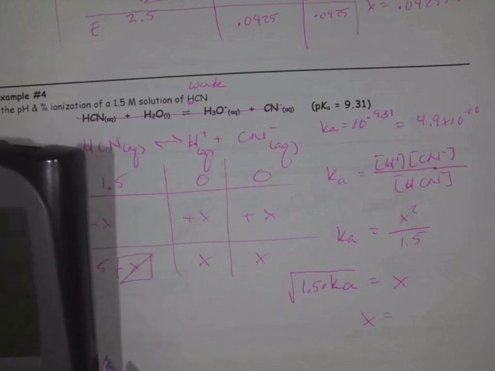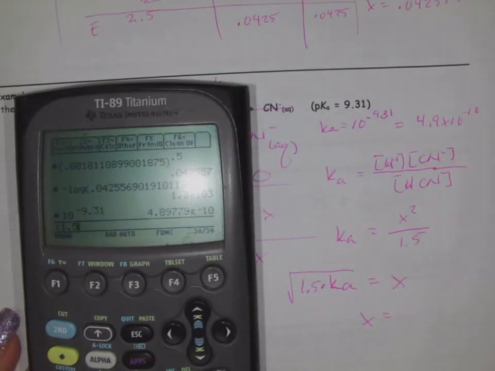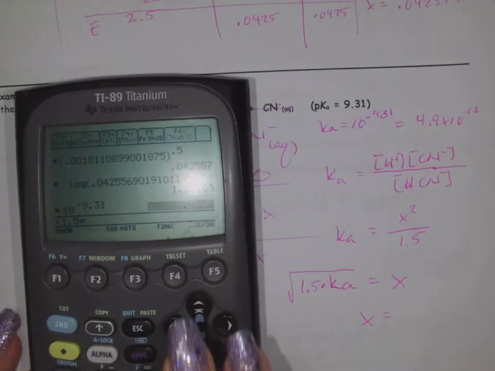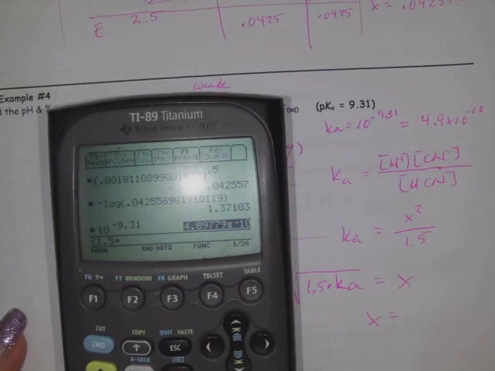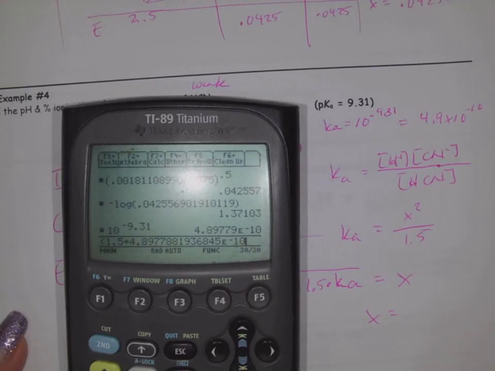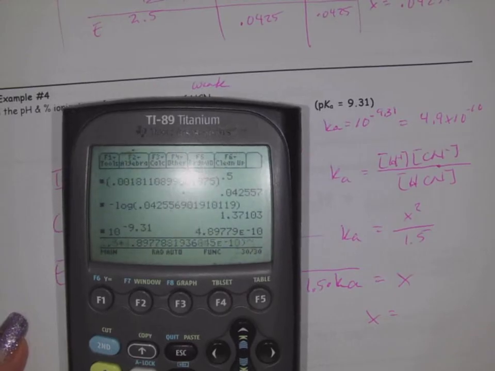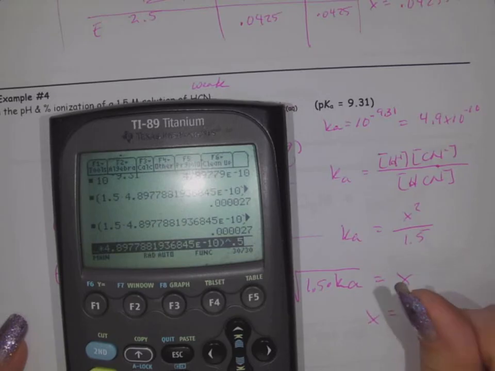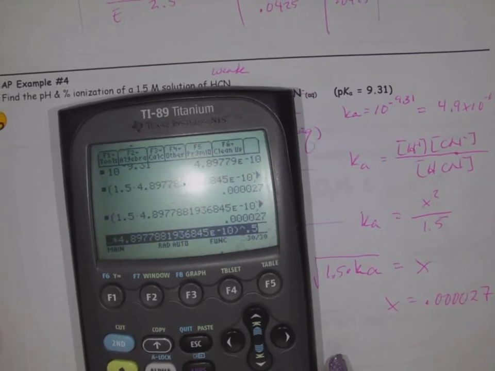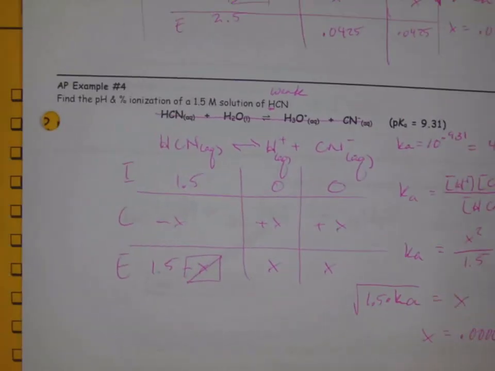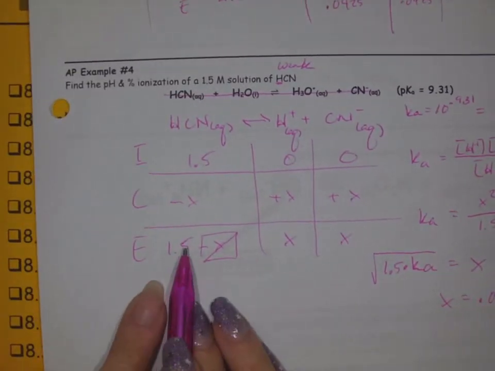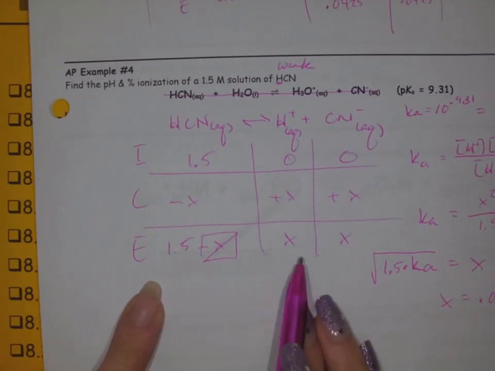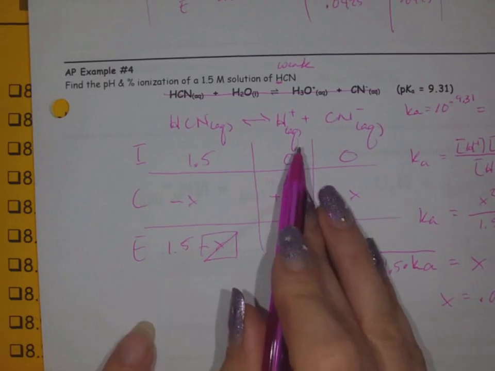All right, 1.5 times Ka. Notice how I'm grabbing the long number for my Ka, and then the square root of that. And so 0.123427, etc. That's what x equals. And so at equilibrium, x is the concentration of H+, right?